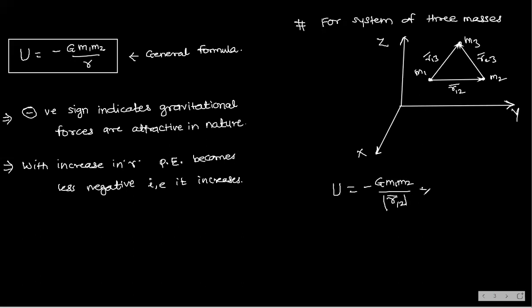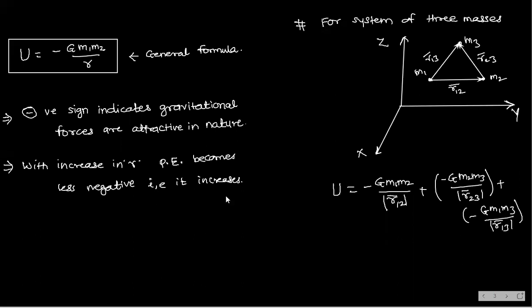Plus, again, due to 2 and 3, what you will get? Minus G m2 m3 by R23 bar, इसका magnitude. Next, plus, again minus G m1 m3 divided by R13 bar, इसका magnitude. Just addition, है ना?